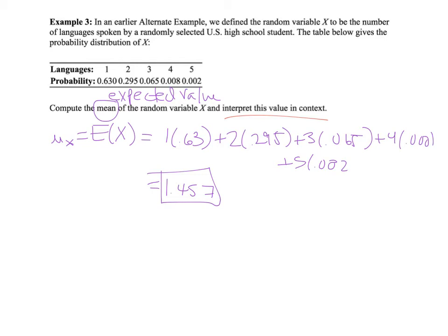And so what that means is that if we were to select many high school students, and the key thing on this is that we would be selecting many of them, then the average number of languages that they speak would be 1.457.